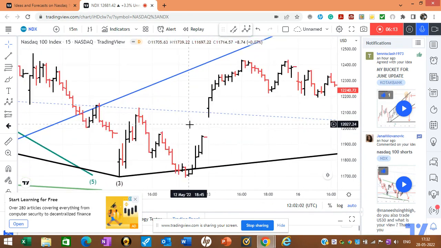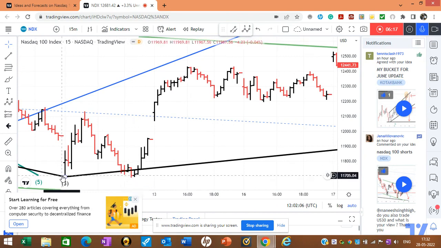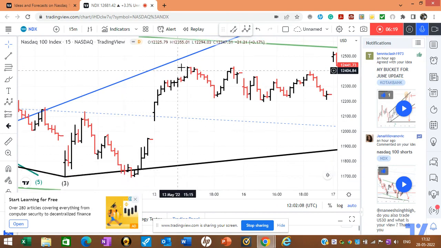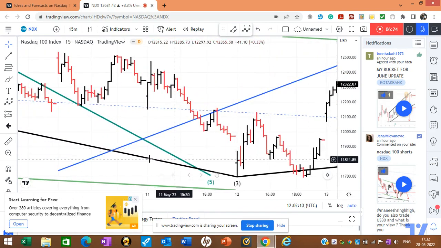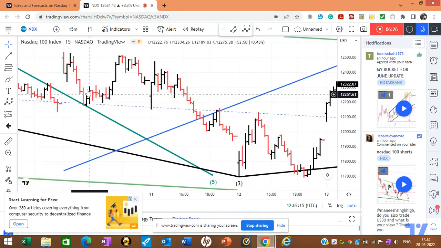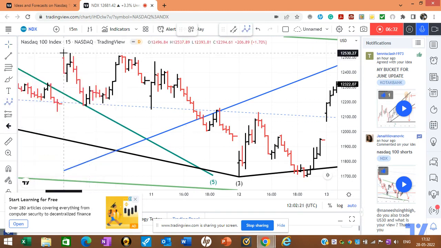Now this is the place from where the correction started. I have marked this as wave one, two, three, four, and five. Now I just go back, and when I start counting the waves from this point, I see it like this. I see the mistake here.